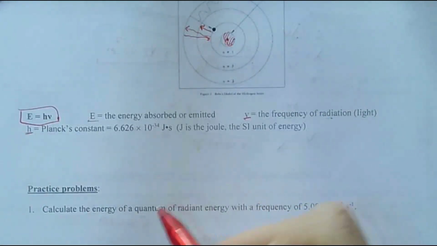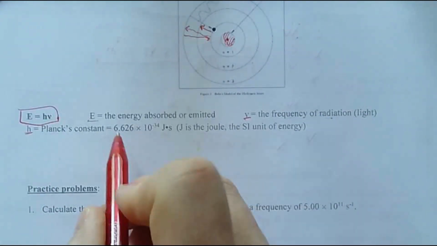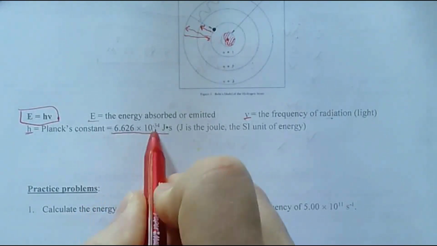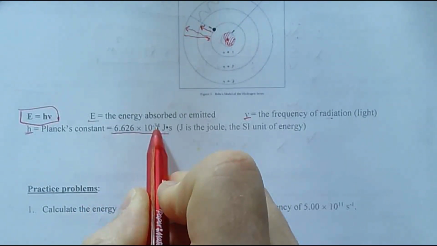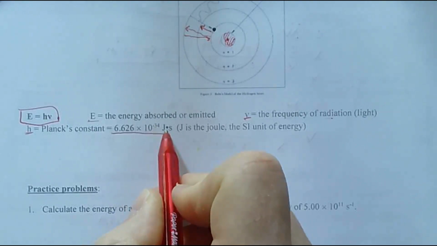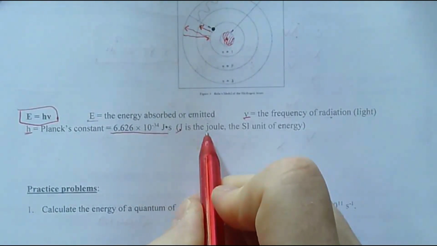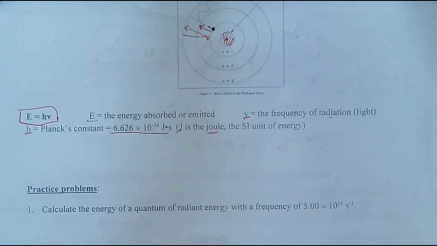And h is another constant, which is on the back of your periodic table. It's a very small number, 6.626 times 10 to the negative 34th, and the unit is joules times seconds, where J represents the joule, the SI unit of energy.